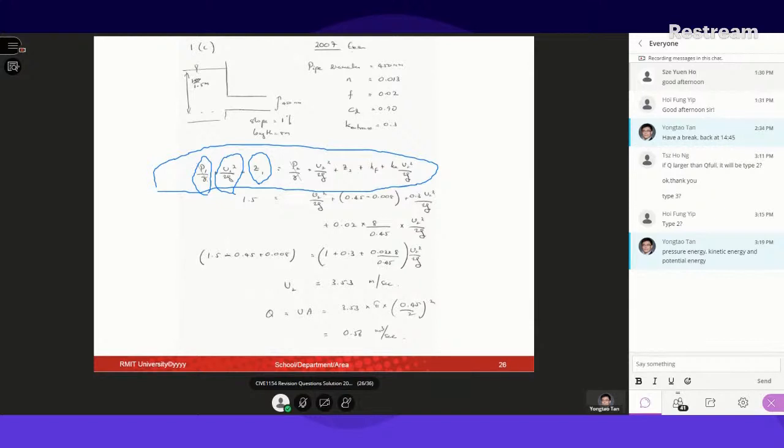Actually, what we need to know is the energy loss. In the culvert there are two types of energy loss. One is the friction loss, hf.